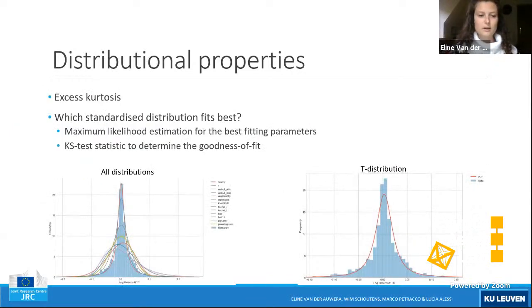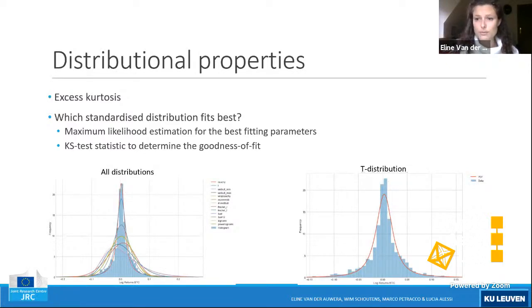So I came up with all of the different standardized distributions that I could think of, and I estimated the correct parameters for each of them using the maximum likelihood estimation procedure. And then I plotted them on the figure here. As you can see, there are only 2 that really fit the log returns of Bitcoin well, namely the T distribution and the Cauchy distribution.